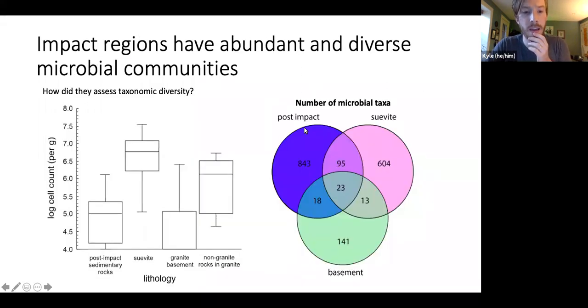And what they found is that these impact regions in the sediment core have these super abundant and diverse microbial communities that are unique to this impact site.